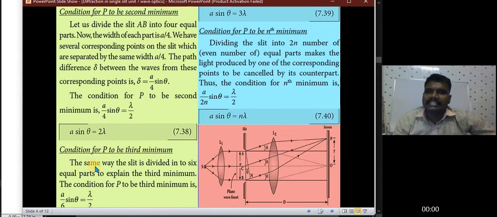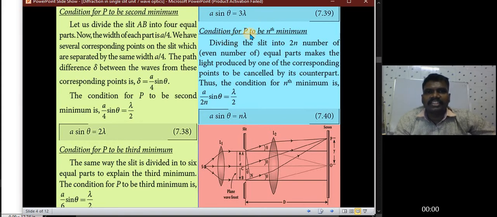In the same way, the slit is divided into 6 equal parts. The condition is a by 6 sin theta equal to lambda by 2. So a sin theta is equal to 3 lambda.